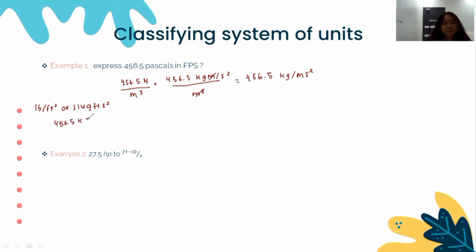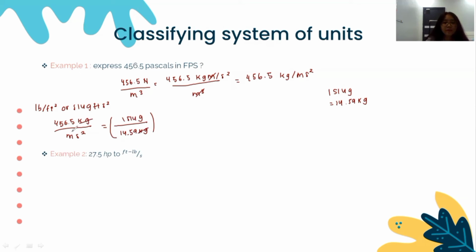456.5 kilogram per meter s squared. First, we're going to convert kilogram to slug. One slug is equal to 14.59 kilogram. So in order to cancel the kilogram out, we need to put the kilogram above and the slug below. Cancel the kilogram out.